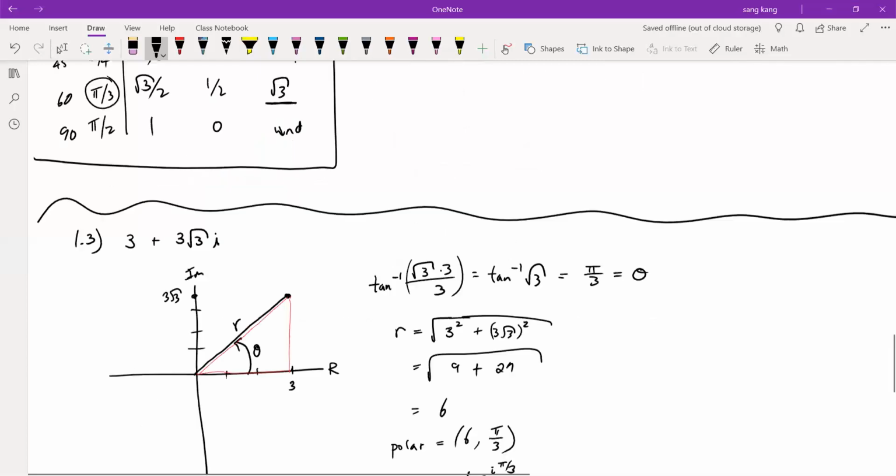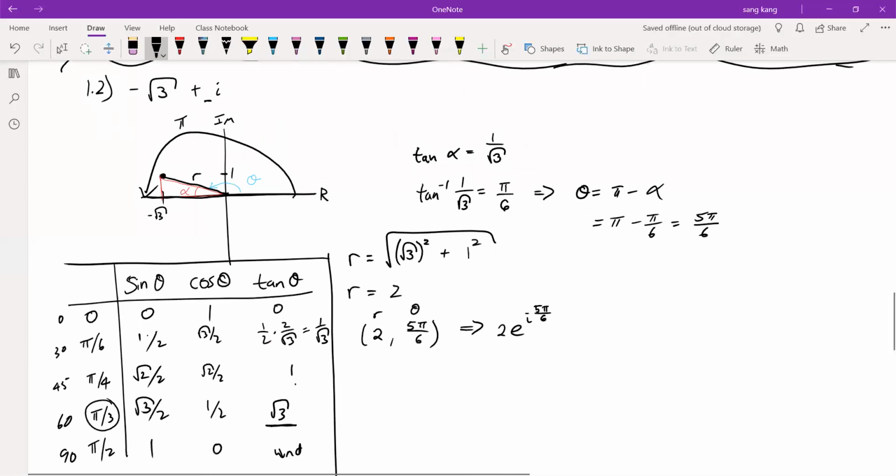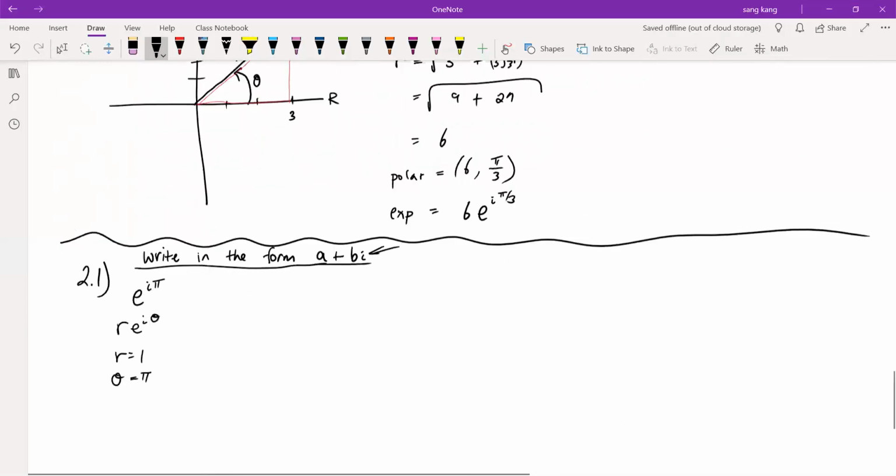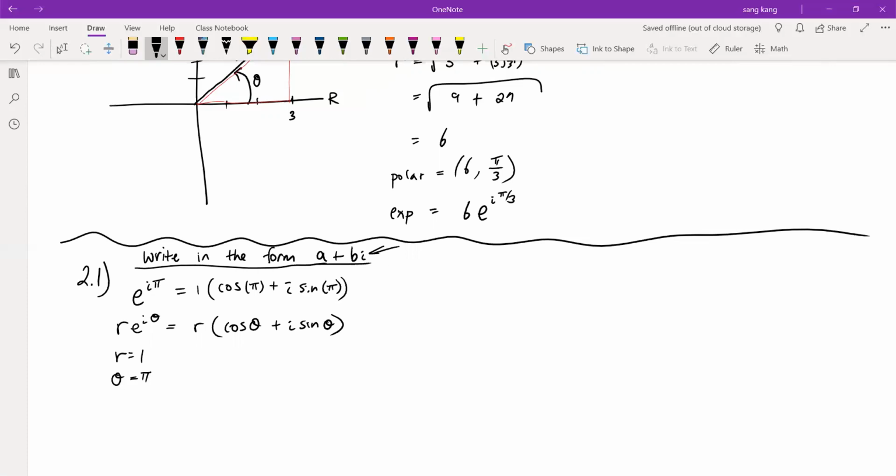So again, recall from the derivation up here, this guy here, right? So it's r times cosine theta plus i sine theta, right? So since we found r, this is 1 times cosine of pi plus i sine of pi, right?